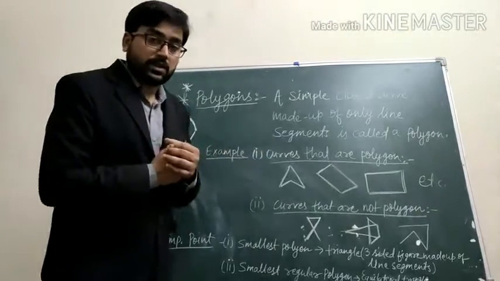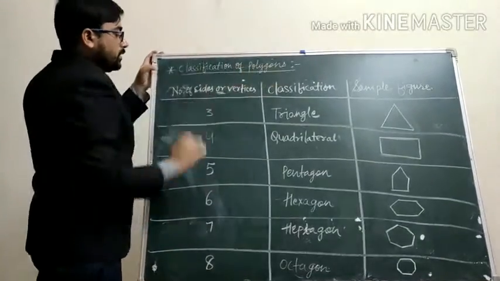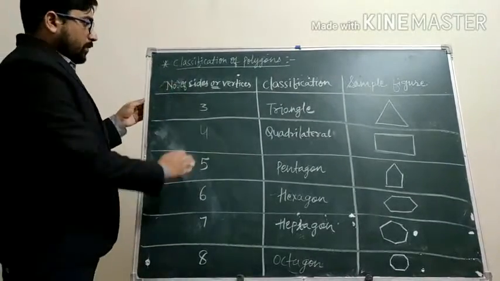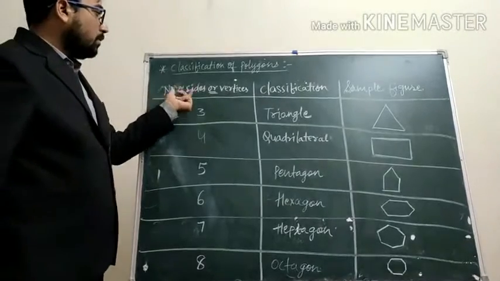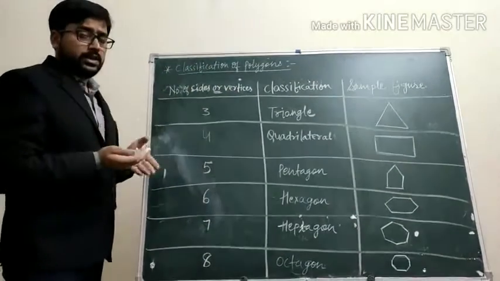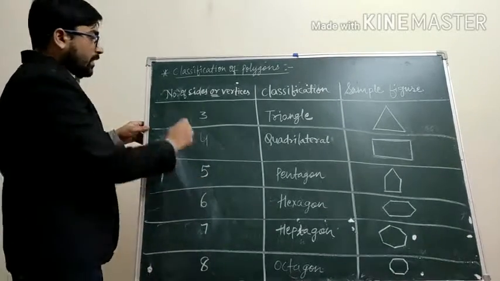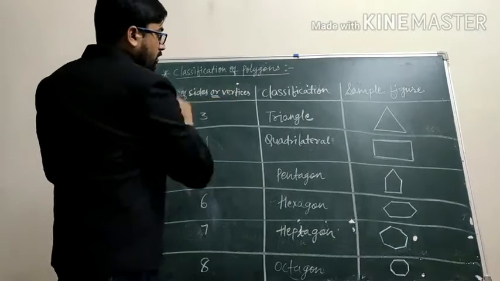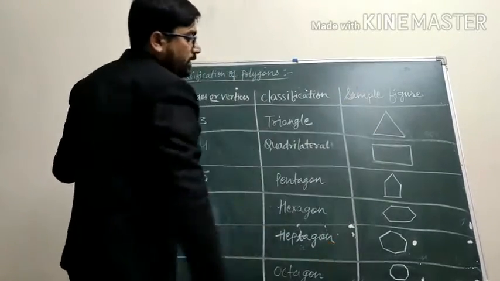We will discuss further. Now, classification of polygons. First we have to make 3 columns: number of sides or vertices. In any polygon or any shape, the number of sides and number of vertices are the same. Number of sides or vertices, classification and sample figure.